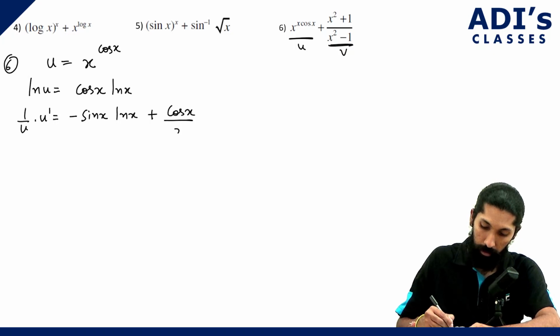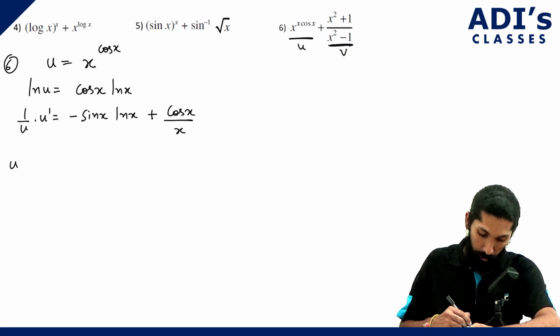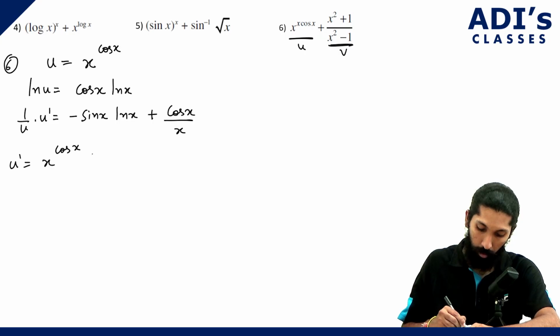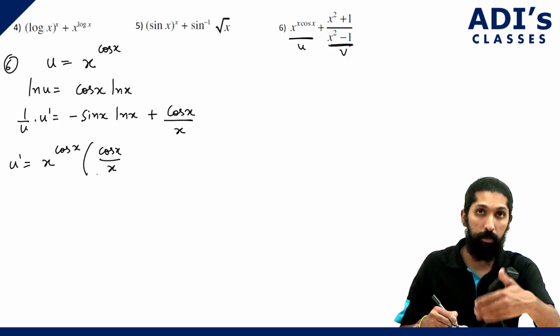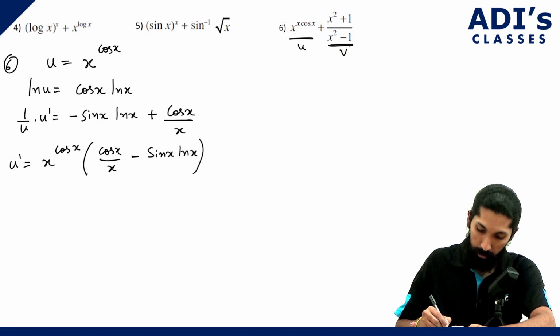So u dash is equal to x power cos x into, I'll write the cos x by x as the first term because it is positive, minus sin x into log x. See, this is u dash.